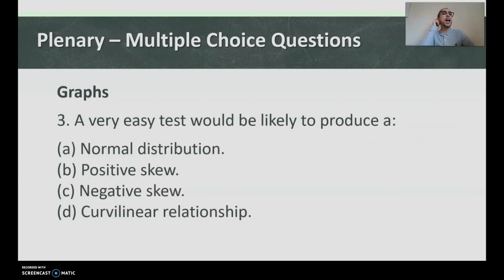Number 3, a very easy test would be likely to produce what? A, a normal distribution, B, a positive skew, C, a negative skew, or D, a curvilinear relationship. It's not normal. It's going to be positive or negative. Which one are you going for? Negative skew. Good. Well done. Because they're going to be towards the left.